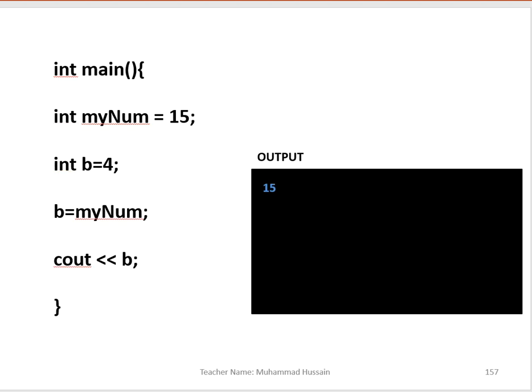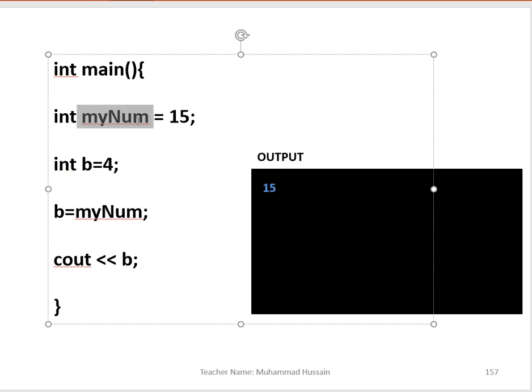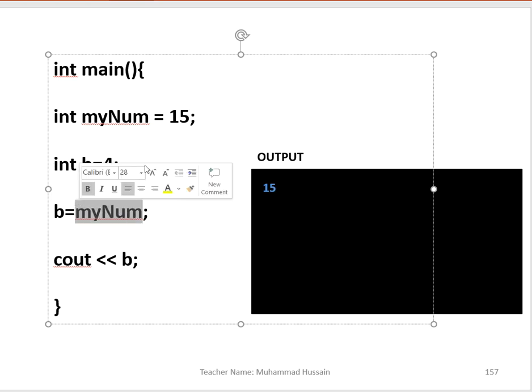So may I ask you, what will be the answer of this program? Integer myNumber contains a 15 value, b contains 4 value, and myNumber is 15, okay? So now you check it here, b is updated by this variable, just because myNumber contains 15.